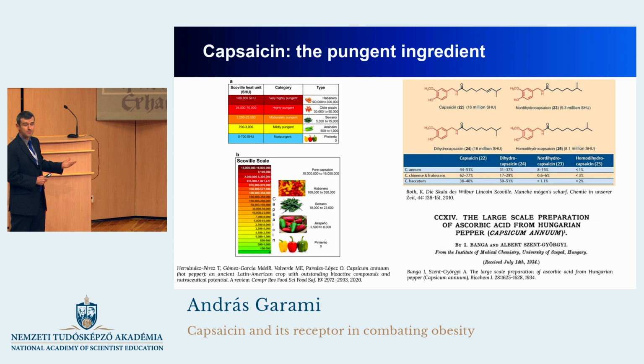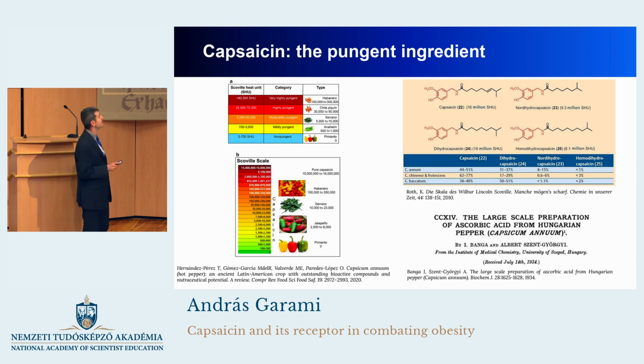And some newer peppers are already in the million range, while capsaicin itself is about 15 to 16 million Scoville heat units. It is important to mention that not only capsaicin, but other similar substances, the so-called capsaicinoids, can also be found in the hot peppers, which can have similar or somewhat decreased pungency compared to capsaicin.